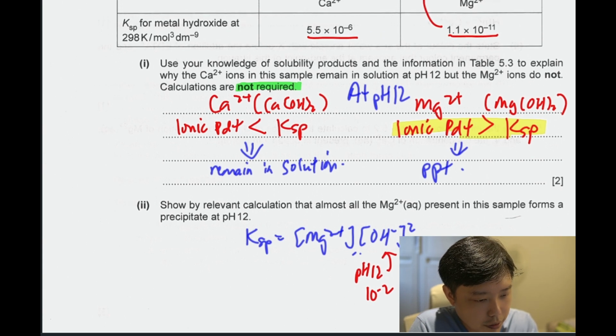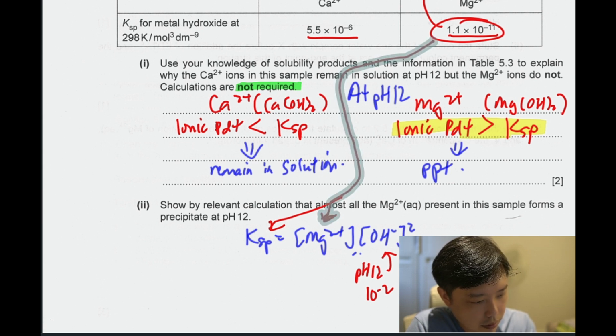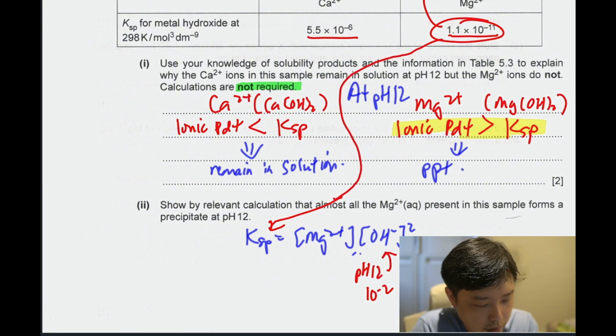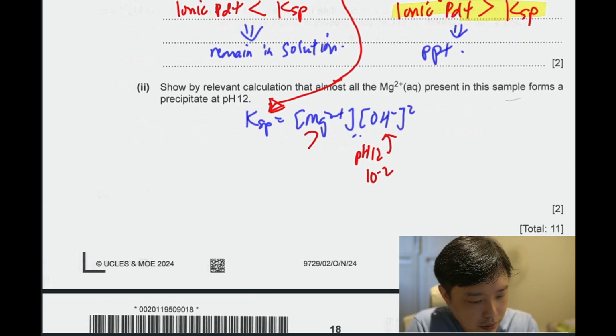The KSP value given here, you just substitute into the KSP. Once it's substituted, you can calculate the amount of magnesium left, and if you've done the calculation, the amount of magnesium left is 1.1 times 10 to the power minus 7.